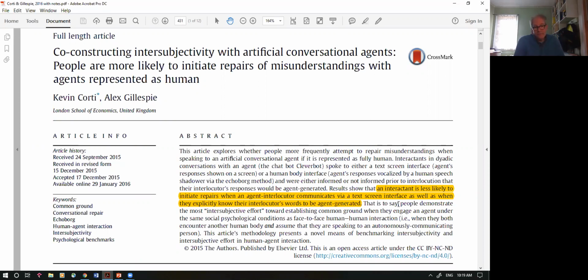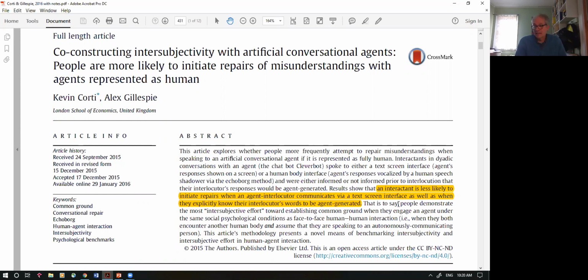So the basic finding was that if a human is interacting with something that they know to be non-human, they are less likely to get particular kinds of repairs, like other-initiated repairs.